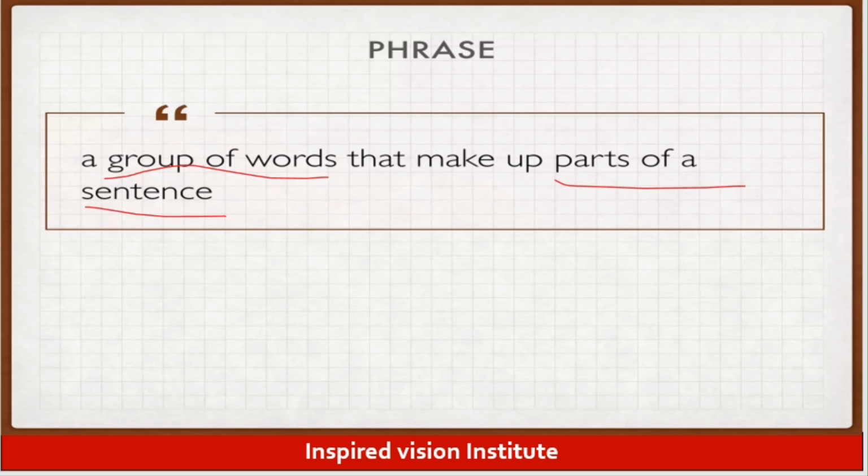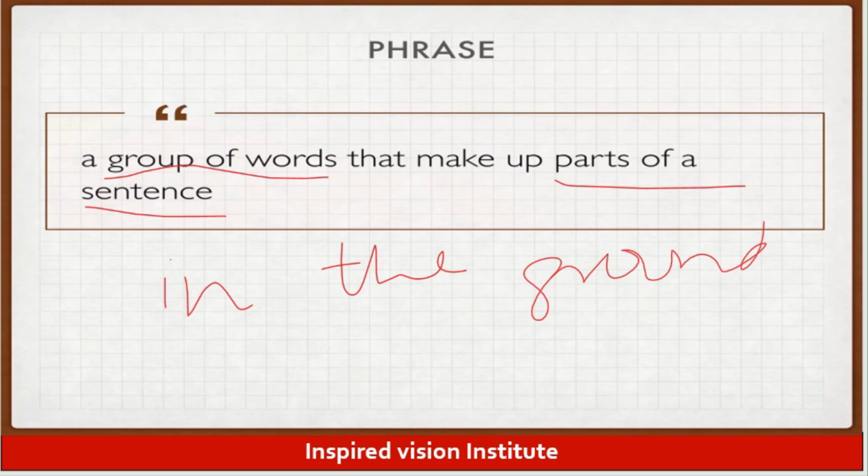For example, if we say in the ground, it is a part of a sentence, but not fully a sentence. We have three words, in the ground, but it is not a complete sentence, so it will not give complete sense.